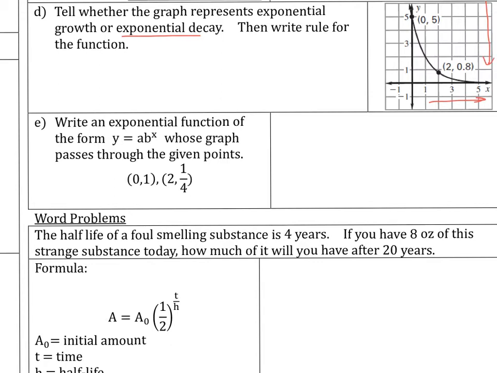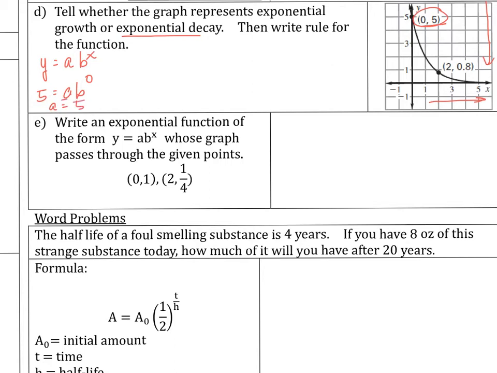And to write a rule for this, we need to look at the point 0, 5 and take the exponential function y equals a times b to the x power, and we're going to substitute in 0, 5 to determine what a is, which is 5.